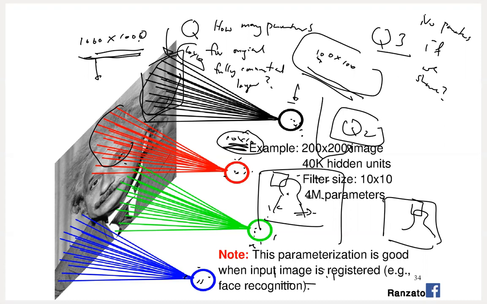If I don't share the parameters, then they will all be different. Therefore each of the neurons will have 10 by 10 parameters, and I have 100 by 100 neurons, so I have 1,000 by 1,000 in total.